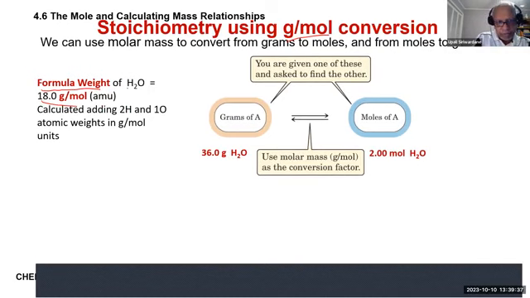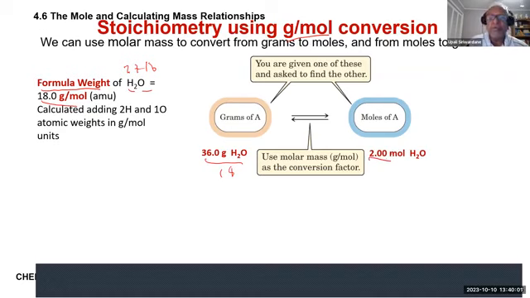You add up two hydrogens, whose atomic masses are one each, and 16 is the oxygen atomic mass, and you get 18. How do you convert grams to moles? You divide it by 18, you get 2.